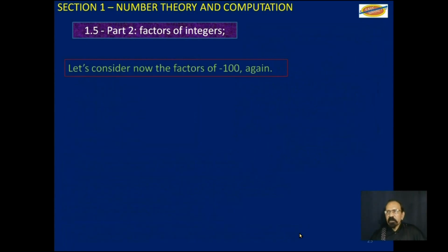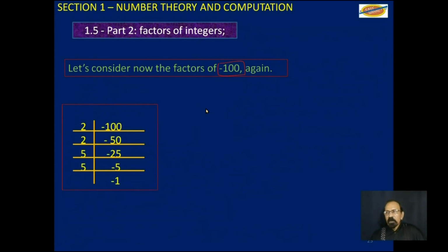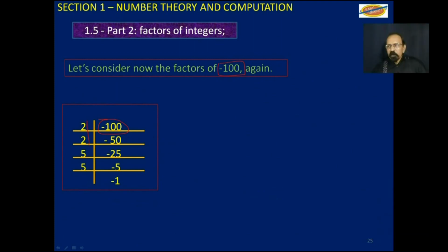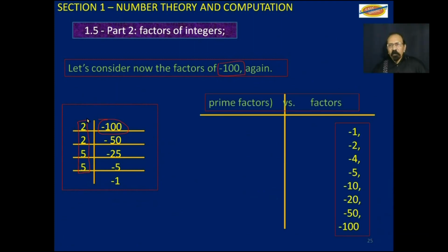Now let's consider the factors of negative 100, because we were dealing with positive integers all along the line. So if you look at negative 100, notice that we get these factors. Well, we need to understand that all those positive factors that we listed as factors for positive 100, we can list them as negative factors for negative 100.